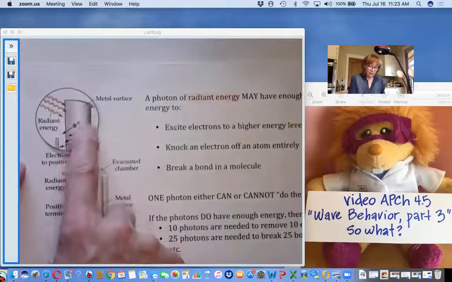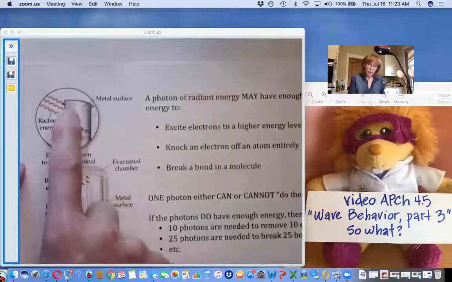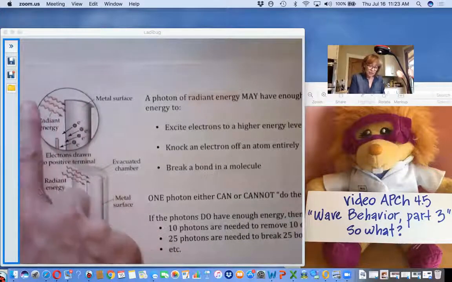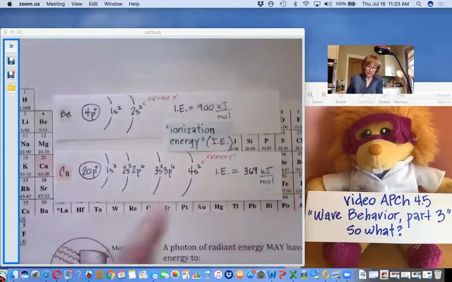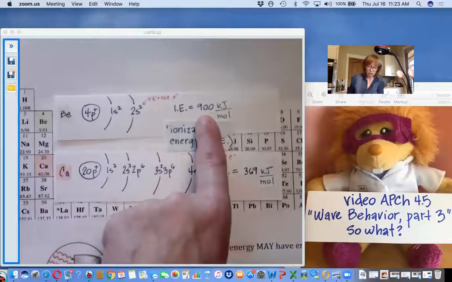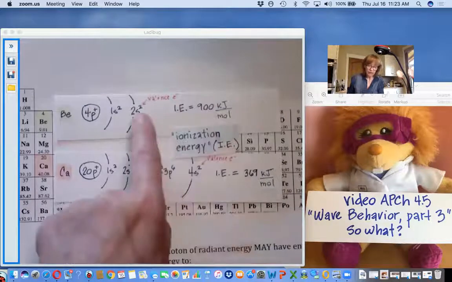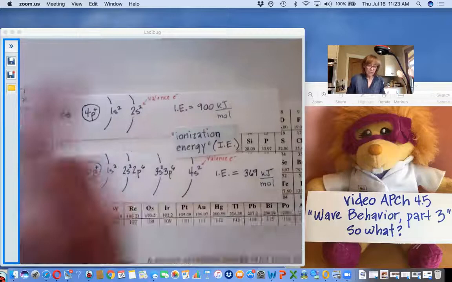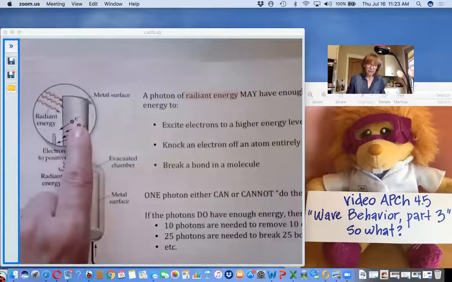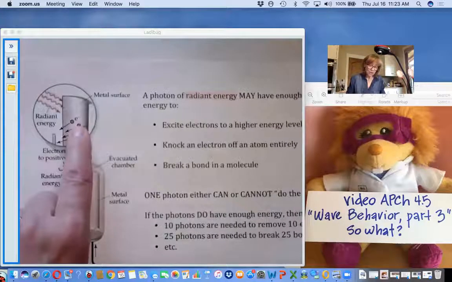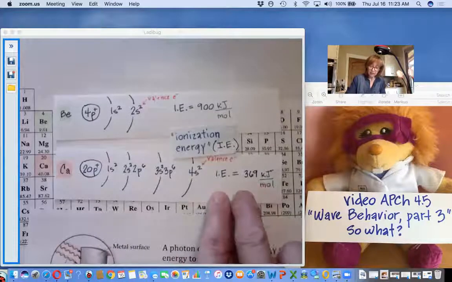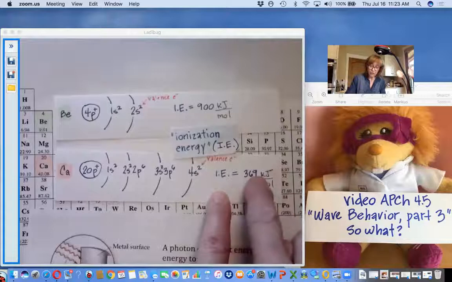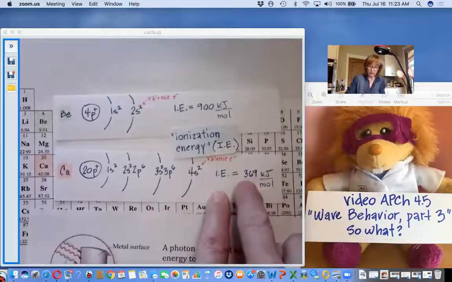If our metal inside this device was beryllium, the radiant energy would have to be at least this strong to remove valence electrons. If our metal inside was calcium, then the radiant energy would have to be at least this high to remove the valence electrons.